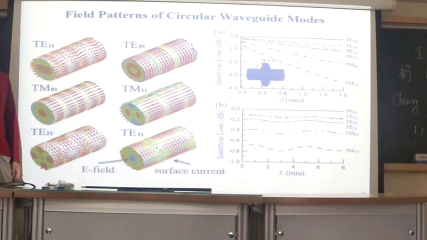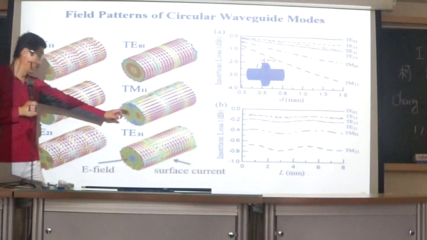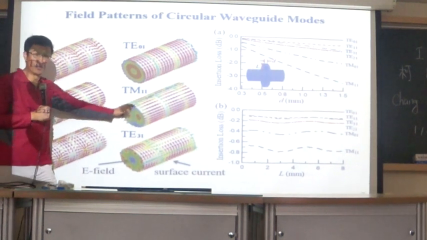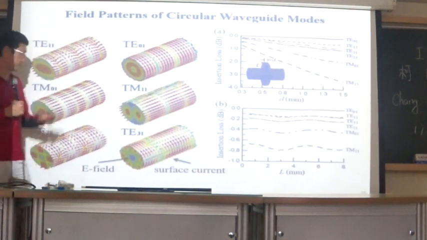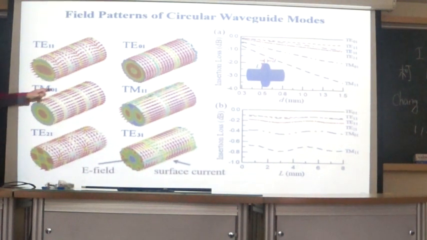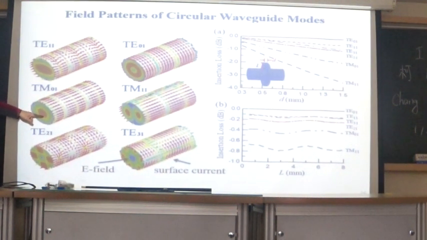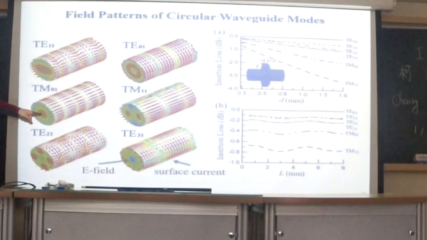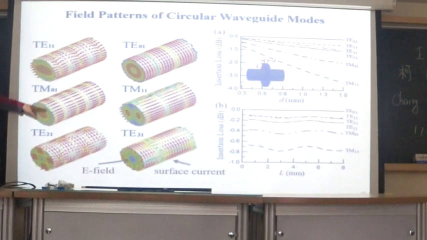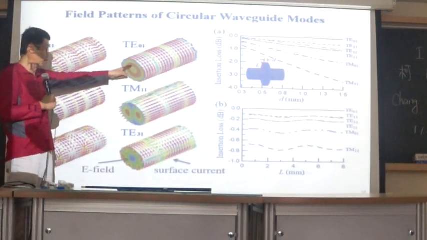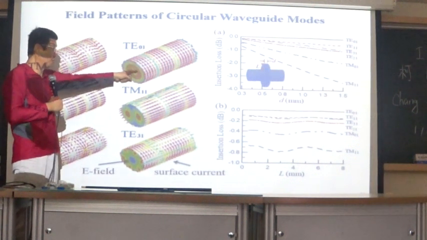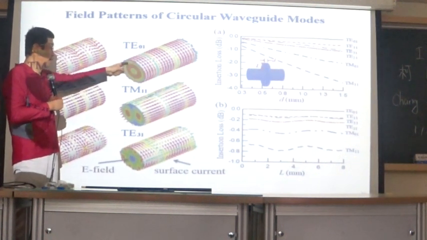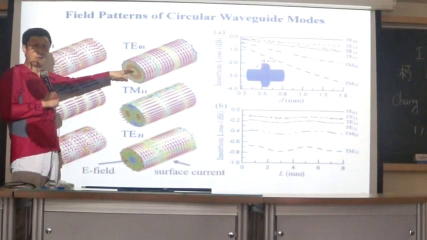Like the nose of a pig. And TM01, we have electric field highest here. For TE01, we have electric field highest here and in this direction, and magnetic field in the middle.